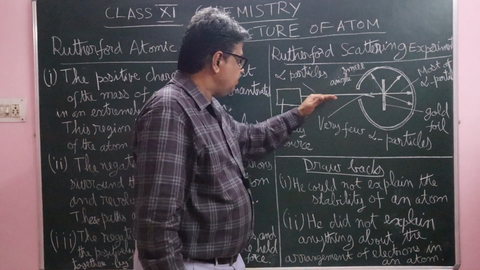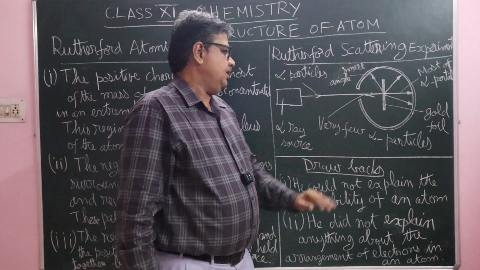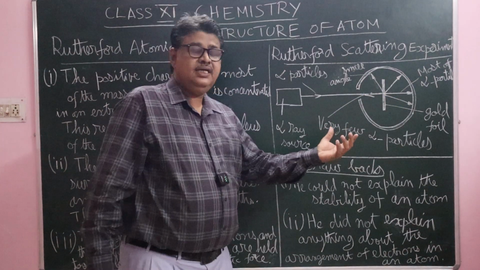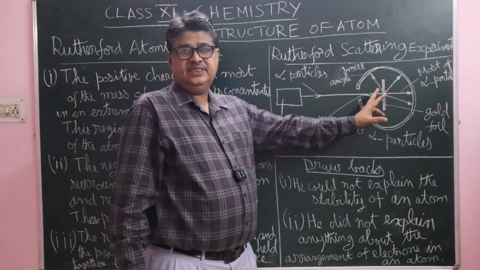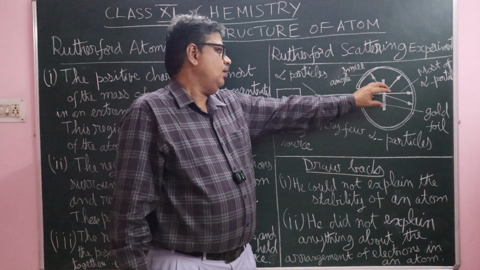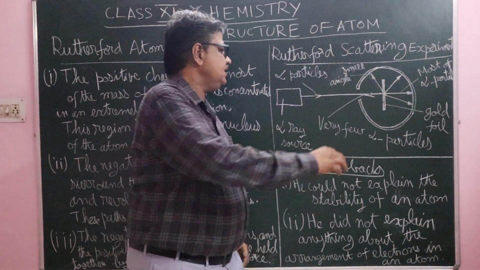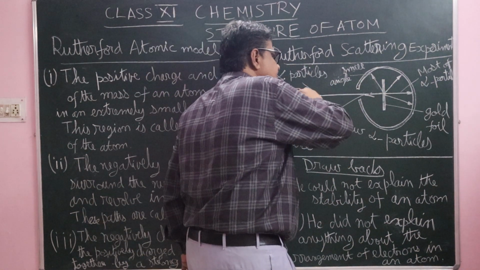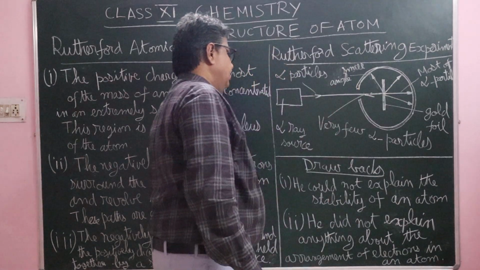That means that most of the places in the gold atom are vacant, so the particles easily pass through the gold foil.